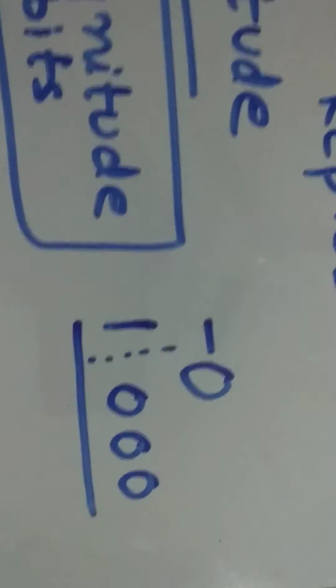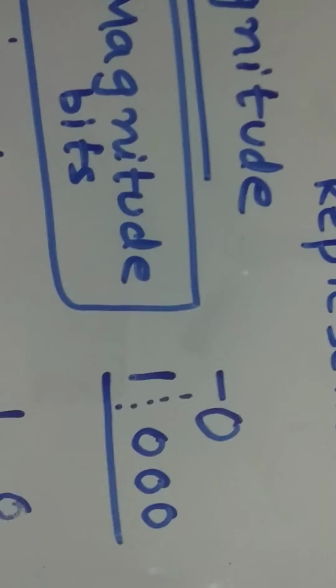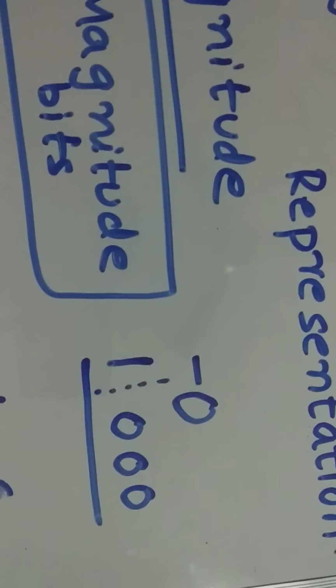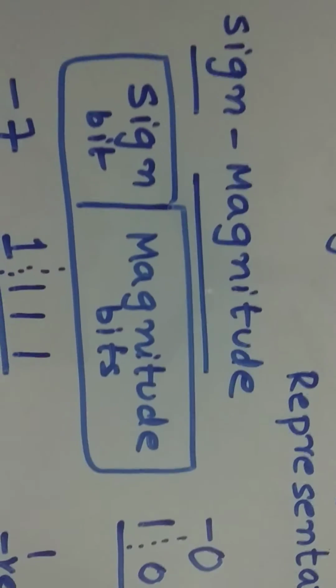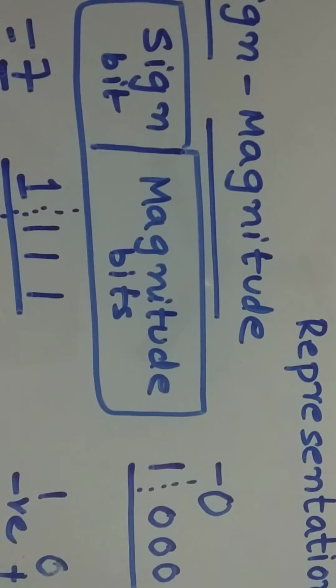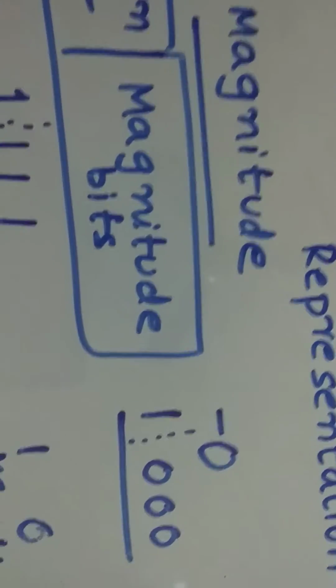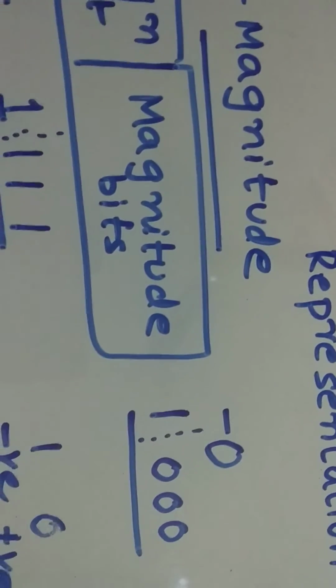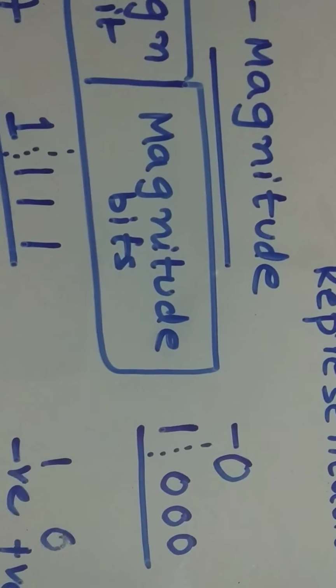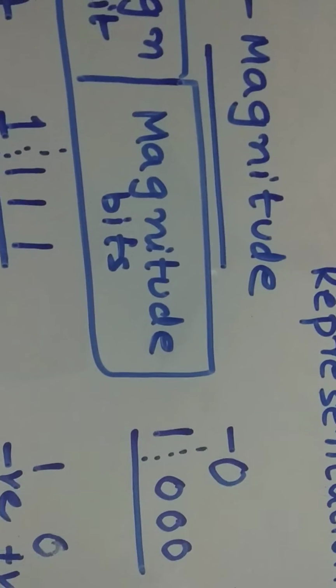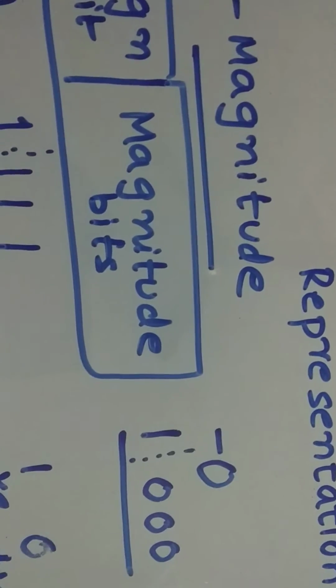So there is a -0 in sign magnitude form. Is there a -0 in our real numbers? No, it's not there. But in sign magnitude form, we can represent -0. That's a problem, and we are using an extra bit for it. So it is not a good approach to use sign magnitude form. That's the reason we went for 2's complement form.